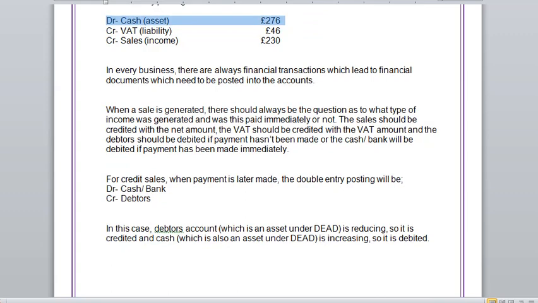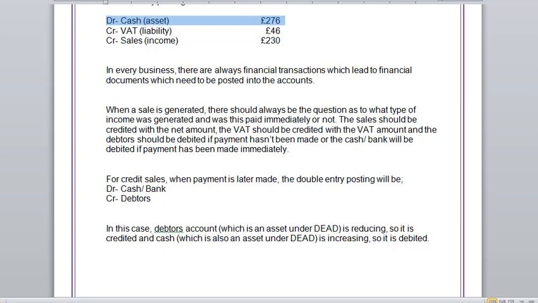In every business, there are always financial transactions which lead to financial documents which need to be posted into the accounts. When a sale is generated, there should always be the question as to what type of income was generated and was this paid immediately or not.